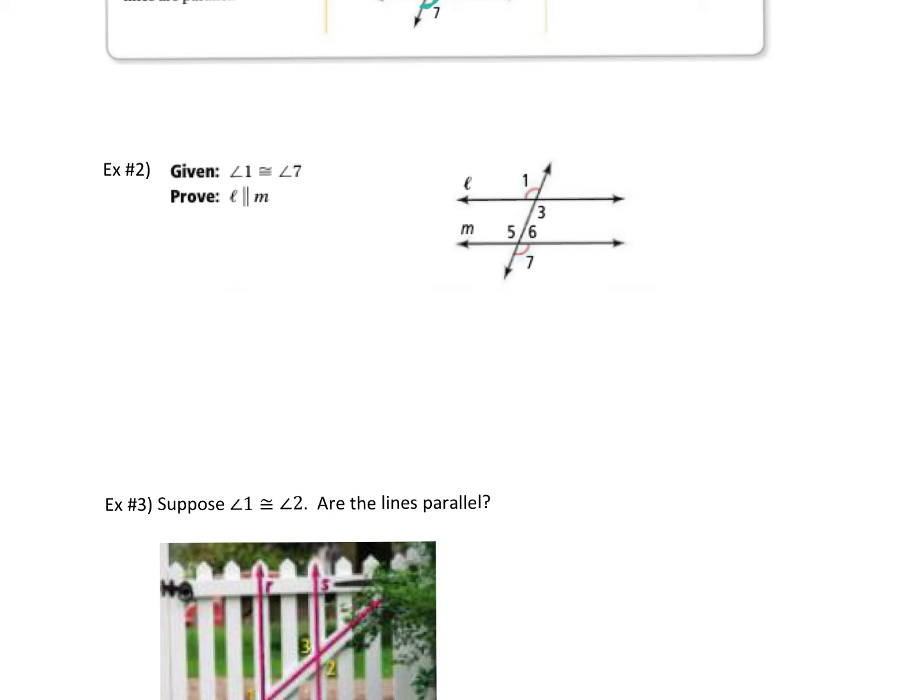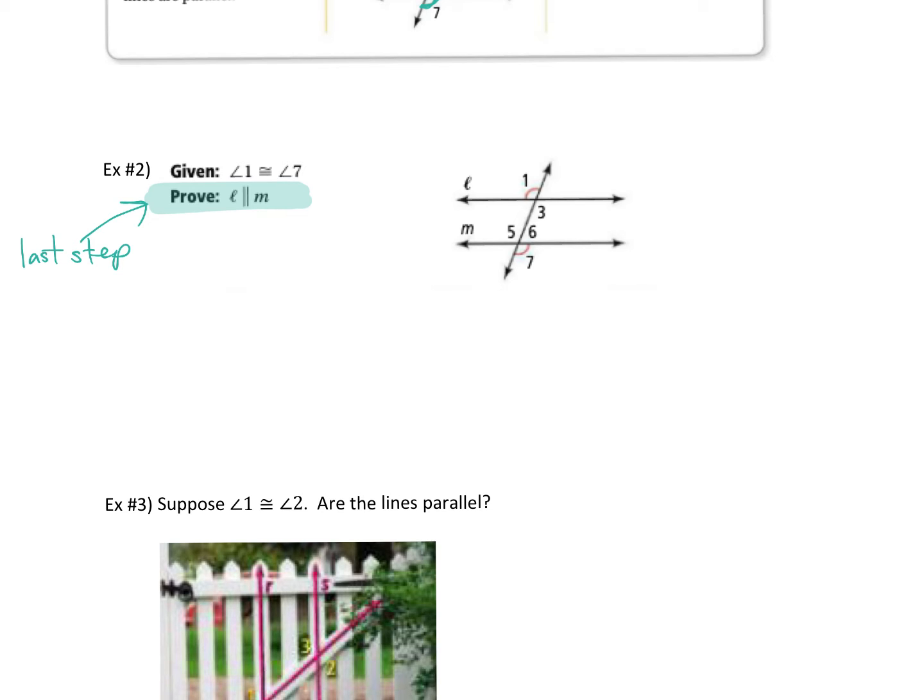But here's what I want you to see. Whenever you are asked to prove lines parallel, your last step of the proof is going to be a what?